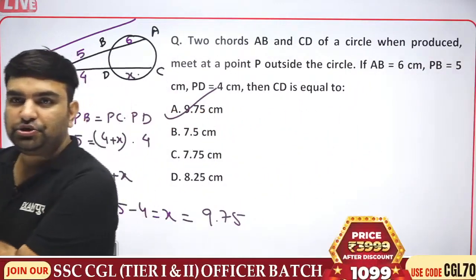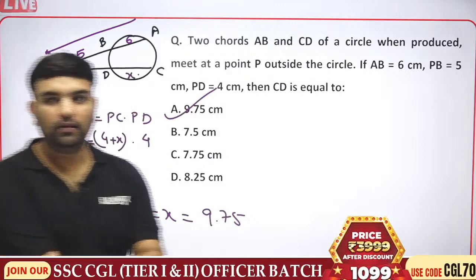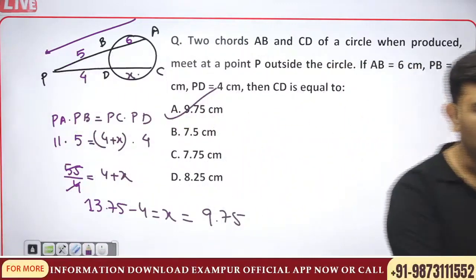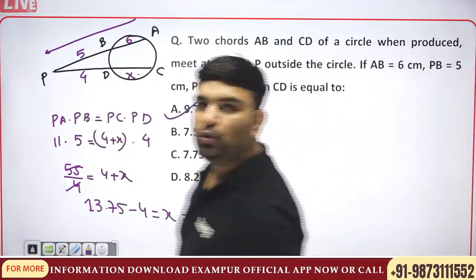Well done, Shrivani, Harika, Charlie and Tuhin, and Mr. Putin as well. So PA into PB is equal to PC into PD.